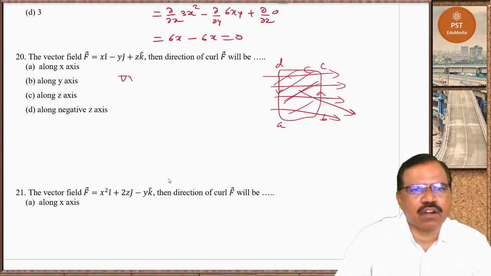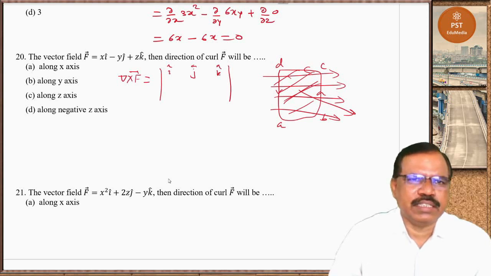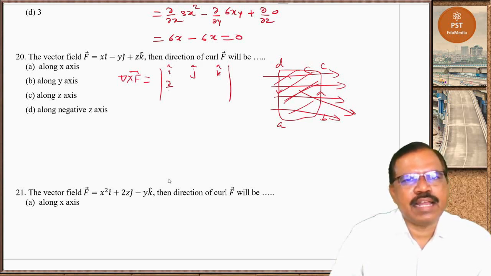So first find del cross F. What is del cross F? i, j, k in the first row of the determinant, then partial with respect to x, partial with respect to y, partial with respect to z, then x component is x, minus y.